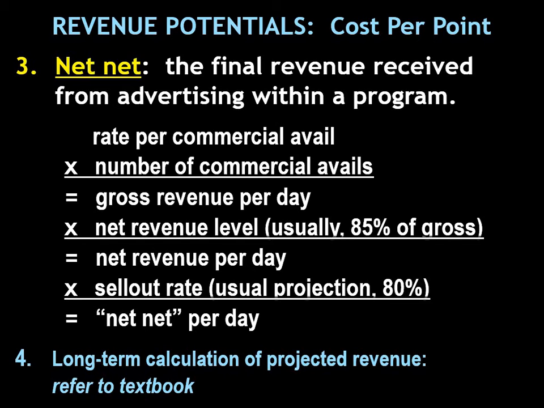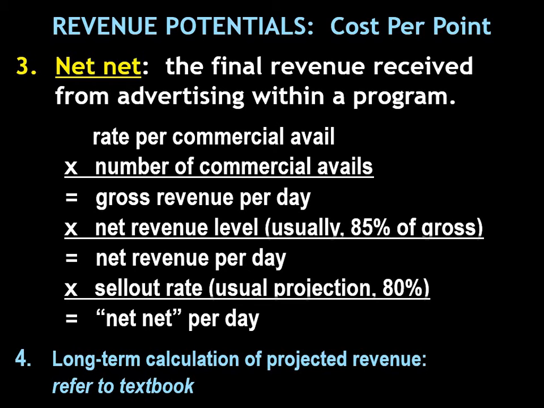That's going to create your gross revenue for that program per day. You multiply that by the net revenue level, because generally when we're talking about advertising, you are going to be paying a commission, either to the sales rep for the station that sold the advertising time locally, or to an advertising agency. And that is generally going to be 15%.